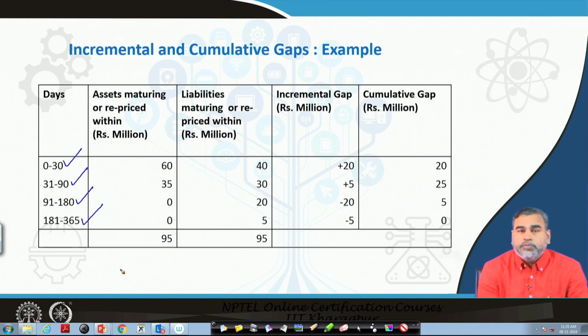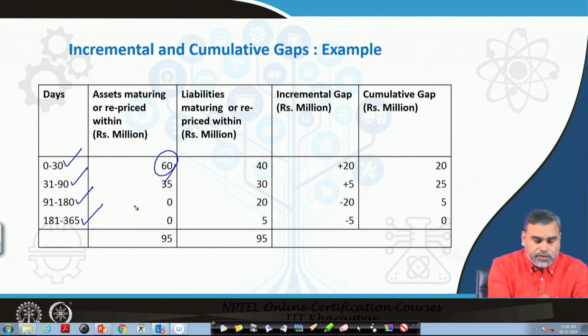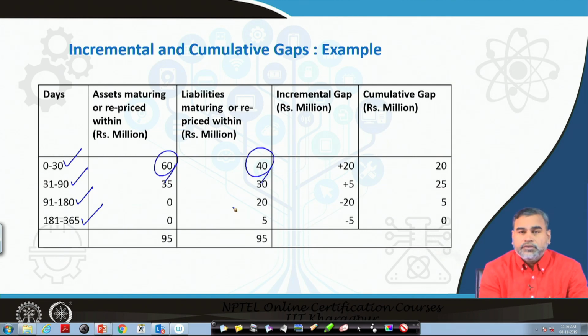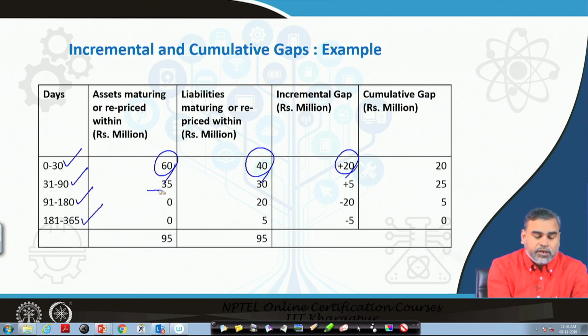For the 0 to 30 days maturity, we have 60 million assets and 40 million liabilities, then obviously your gap becomes 20. But for the 31 to 90 days maturity period, the rate sensitive assets were 35 and the rate sensitive liabilities were 30, then obviously your gap becomes 5.